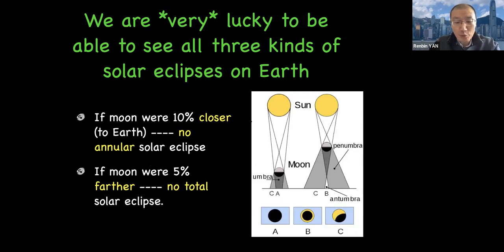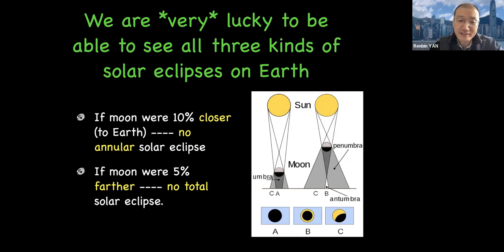And suppose we make the moon's orbit 10% closer, if we just reduce the lunar orbit by 10%, then we will never see an annular solar eclipse, because the moon will always look bigger than the sun, and so whenever it passes in front it blocks the sun completely.